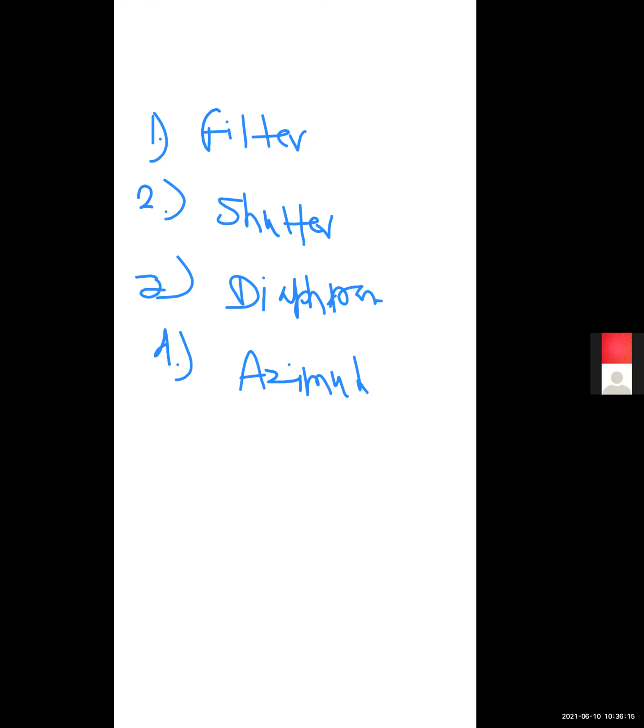Shutter is a part of camera. Shutter is there in normal cameras also. Diaphragm is a part of camera. Yes, ma'am. And azimuth. Ma'am, the answer should be shutter.